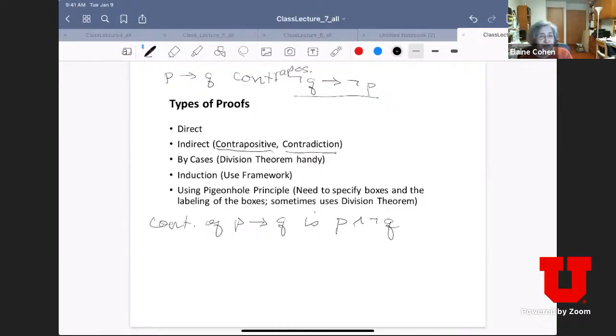Induction is a type of direct proof. Someone asked, why can't I do n and then prove it's true for n minus 1? A great example is that when you're building a house, you start with the basement and work your way to the upper floors. You can't start with the upper floors and work back to the basement. You don't have any foundation to grasp it on.